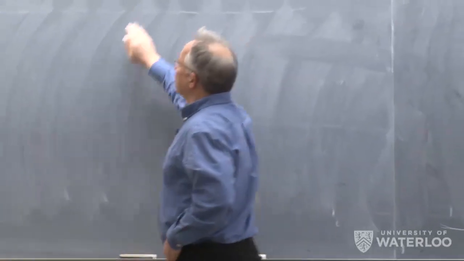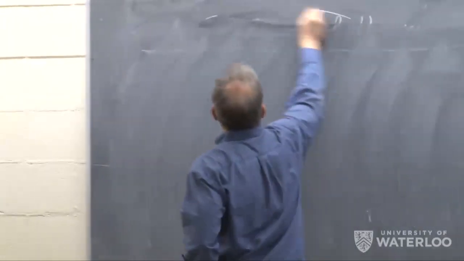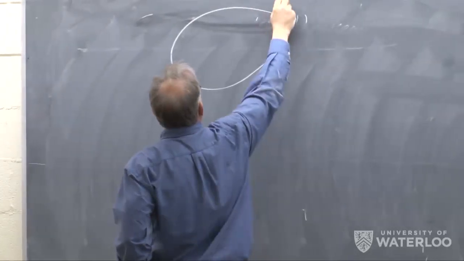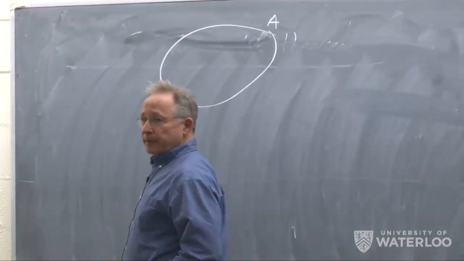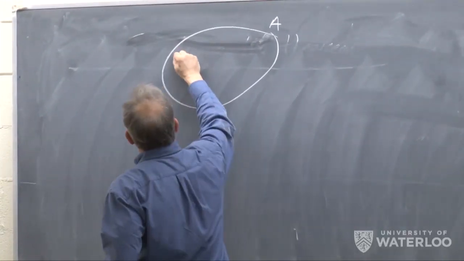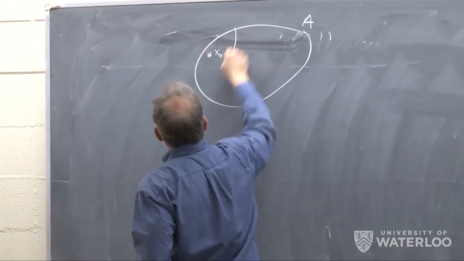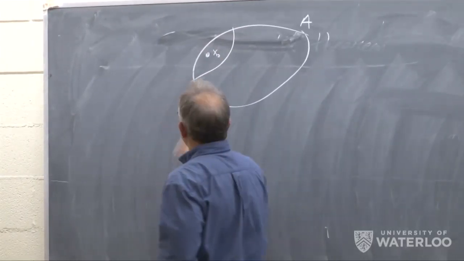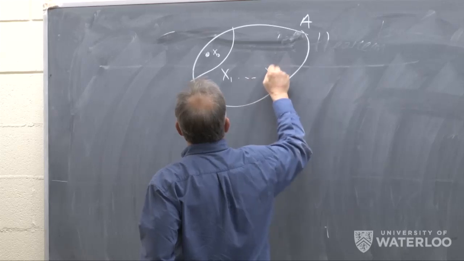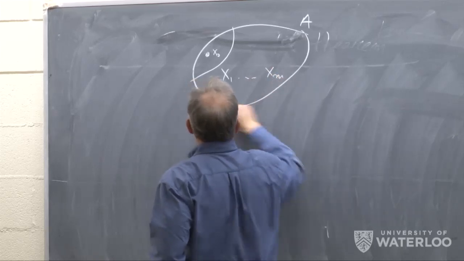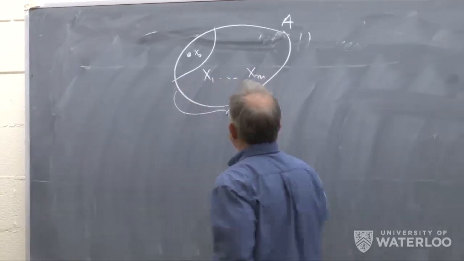I have here my set A, which is of size m plus 1. And I'll just take one element, x0, and cut it out. So here I have x1 up to xm. And let's call this set A prime.